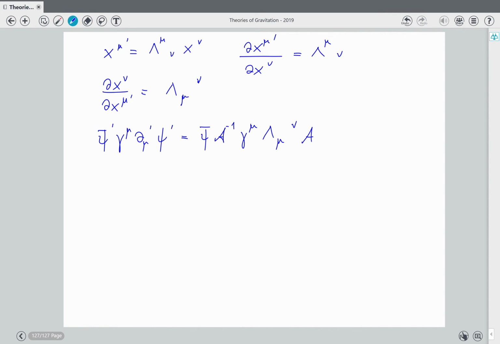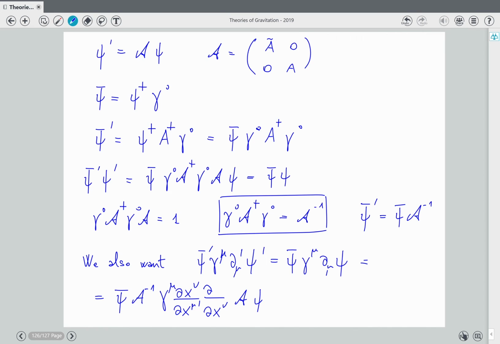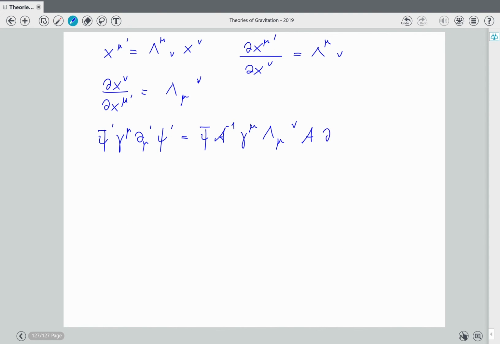Let me write A outside of the partial sign because we are now in the global case. So these are global transformations, they are constant, and that should be equal to psi bar gamma nu partial nu psi, which means that this object should be equal to gamma.